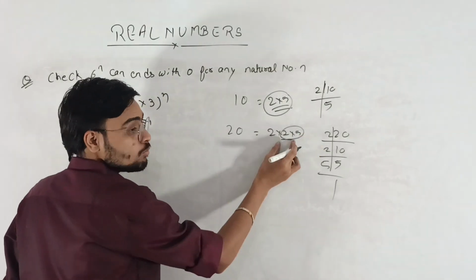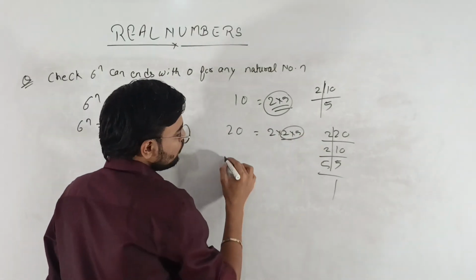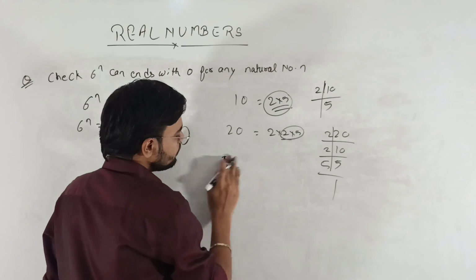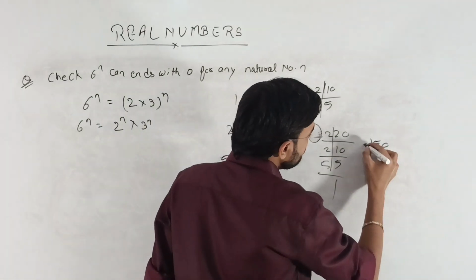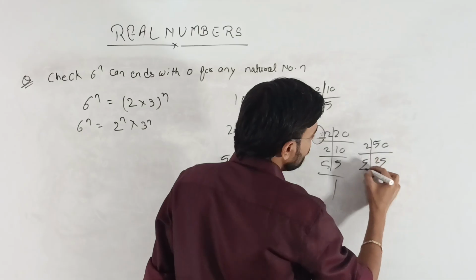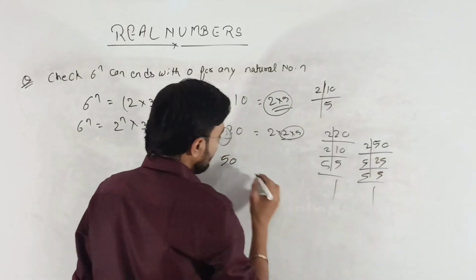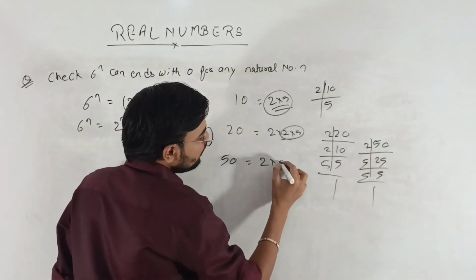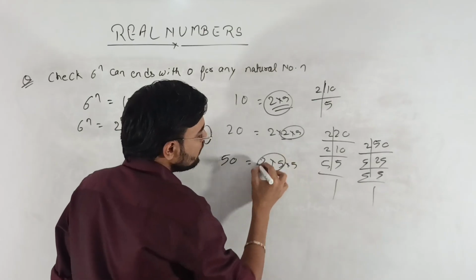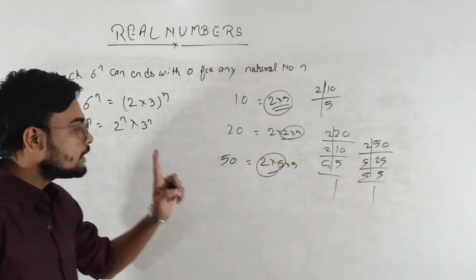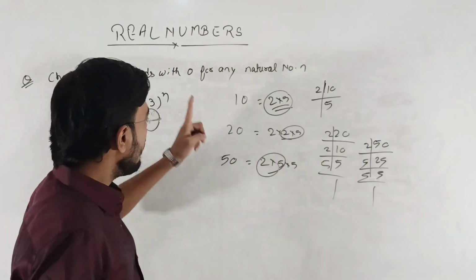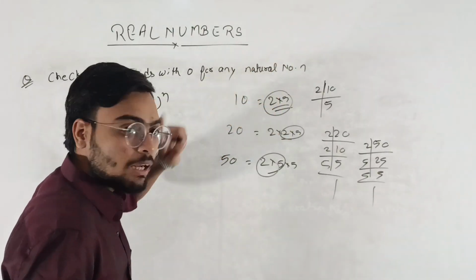Again 20 also has 2 into 5 in its prime factorization. Suppose you write 50, then this is 2, 25, 5, 5. Again 50 also has 2 into 5 into 5. Which means if a number ends with 0, then this number has 2 and 5 in its prime factorization.